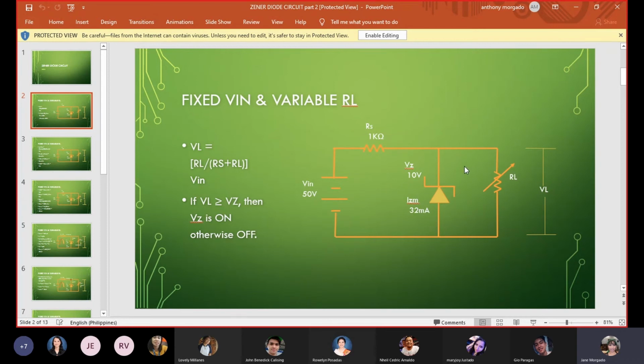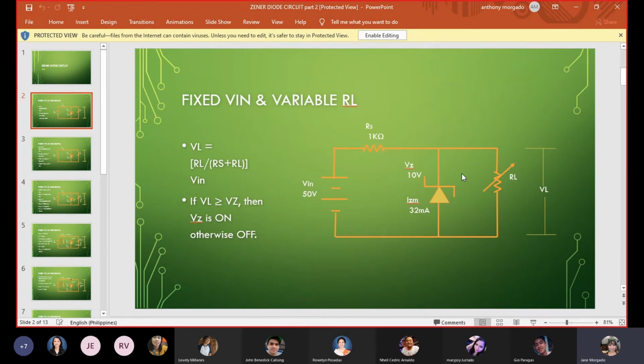what is the usual application of Zener diode? How is it connected? Is it connected in forward or reverse bias? Usually reverse bias. Okay, reverse bias. If it is connected in reverse bias, what is the voltage across the Zener diode?